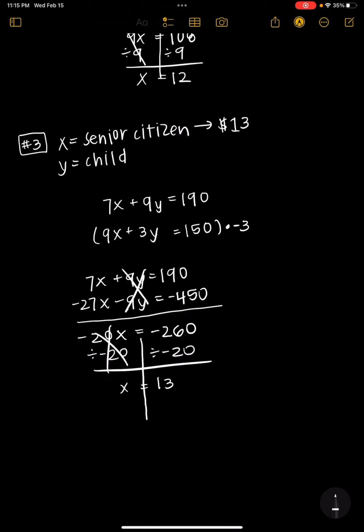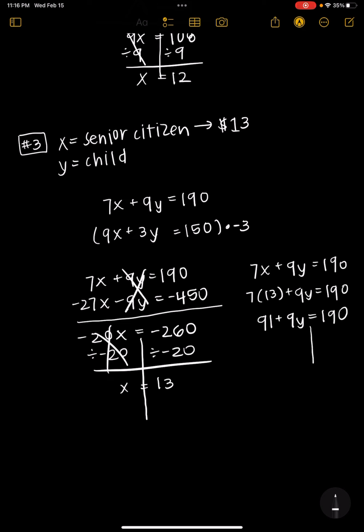All right, now we're going to solve for the child ticket by taking one of the original equations. I'm just going to take the top equation and replace the x with 13, so I'd have 7 times 13 plus 9y is equal to 190. And 7 times 13 is 91, so I can write it as 91 plus 9y is equal to 190.